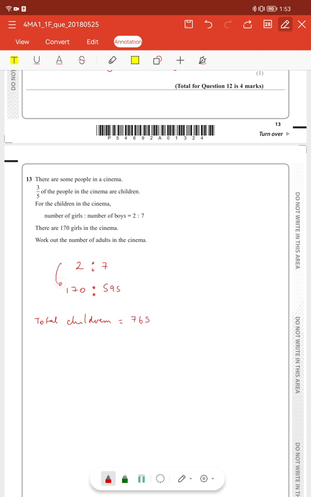So remember, the way that we do that is I have to times this by 85, and this is girls to boys, so I also times this by 85.